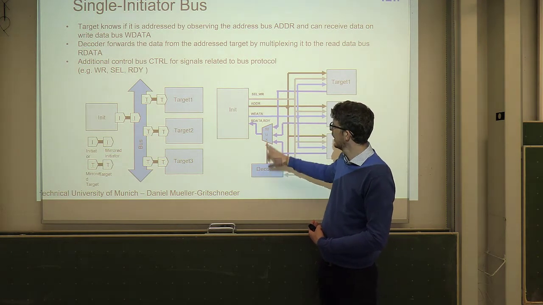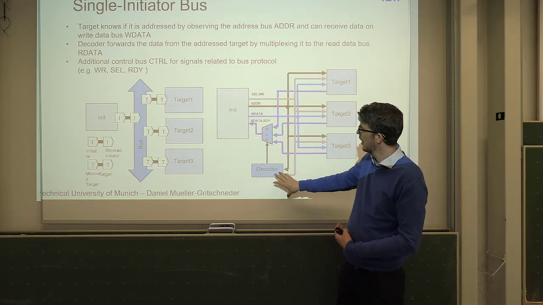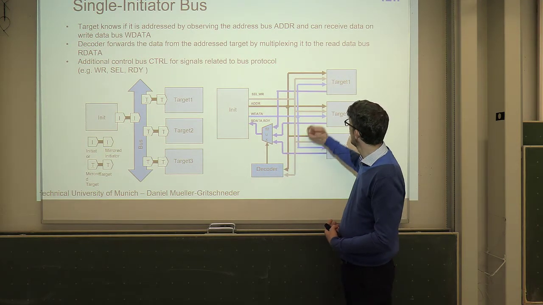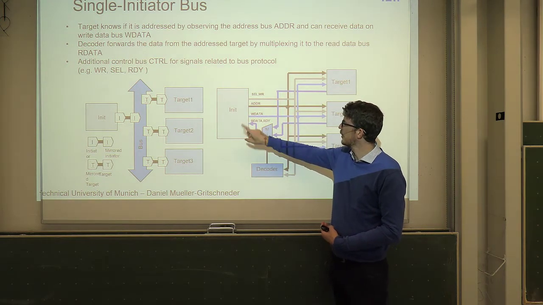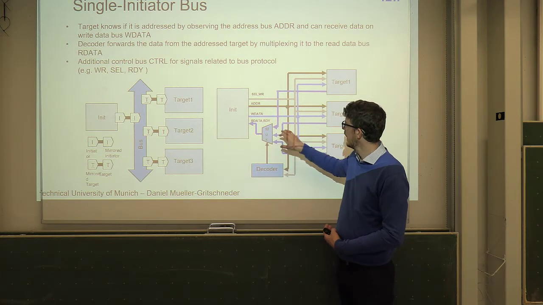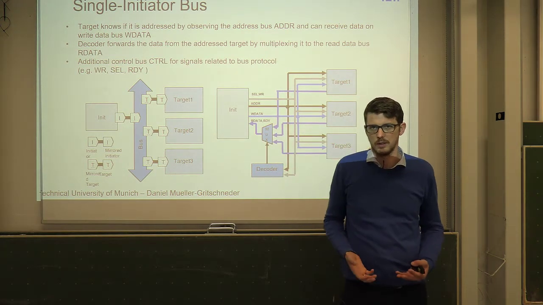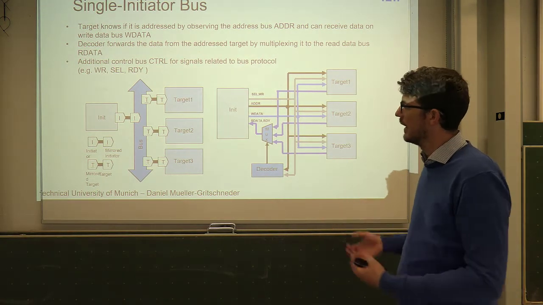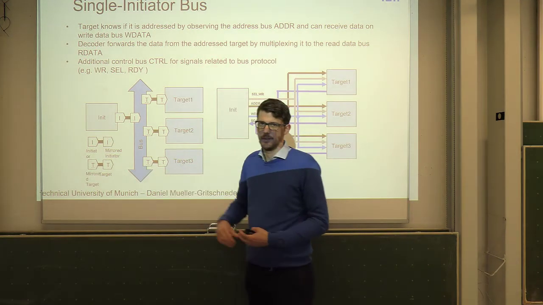So what you're doing is putting in one multiplexer. This multiplexer also knows which target was addressed, so it also needs the address to find this out. If it finds out target 1 was addressed, it will forward the answer from target 1 to the initiator, and the values from targets 2 and 3 are basically stopped here, because we're not interested in them. This simple digital circuit already tells you how this interconnect is structured and what to find there.